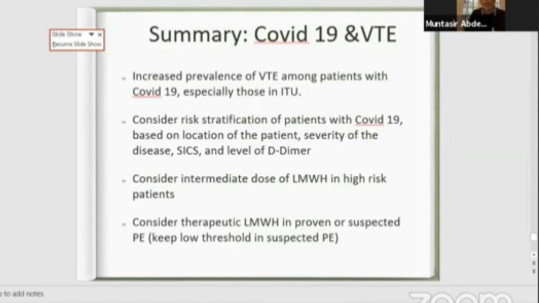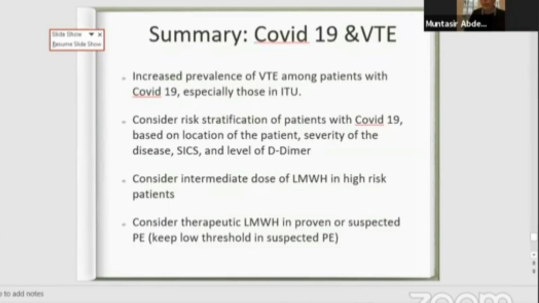Because sometimes it is very difficult to do the CTPA in these patients, as the patient might be unstable, you might need to start the patient empirically on anticoagulant, and it's better to have some sort of risk stratification depending on the location of the patient, the severity of the disease, and the level of D-dimer.